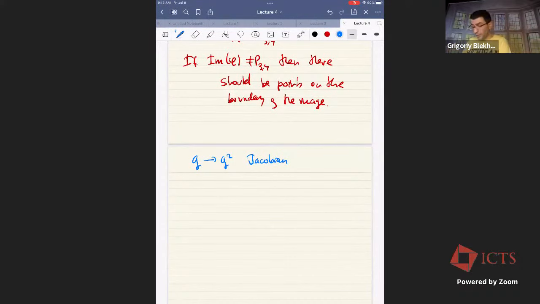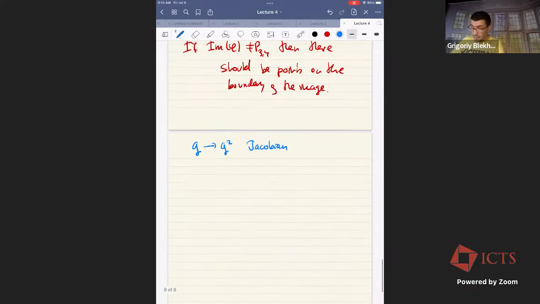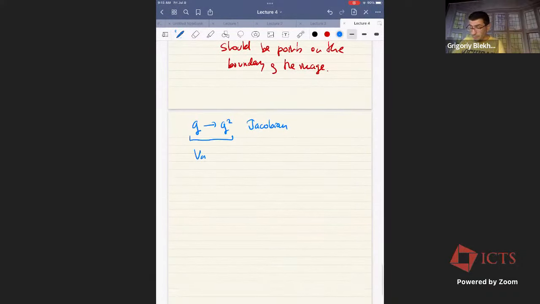I have a map that sends Q to Q squared, so what I have inside here is the variety of squares. And I want to know the tangent space to this. The tangent space is equal to the ideal generated by Q in degree 4.